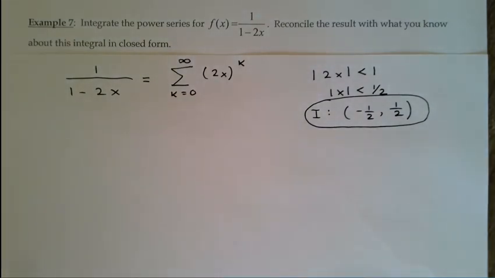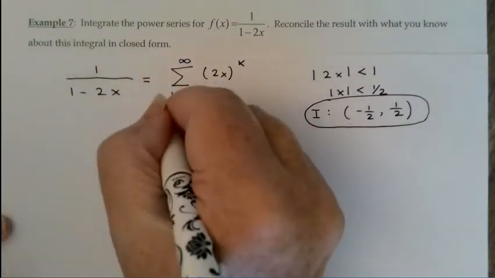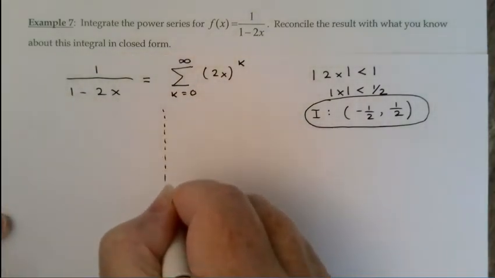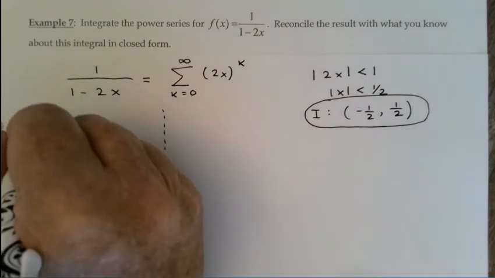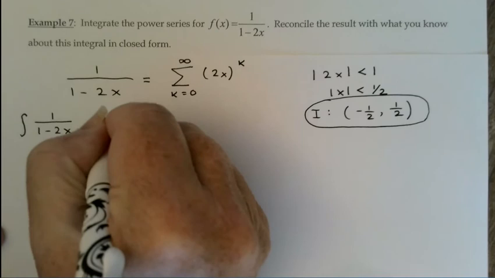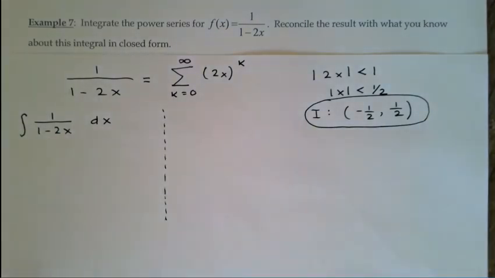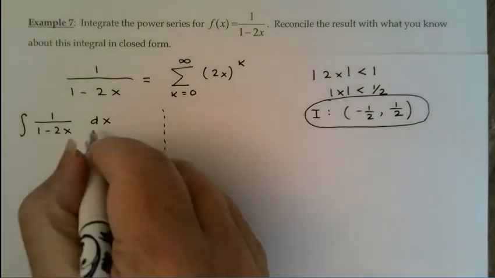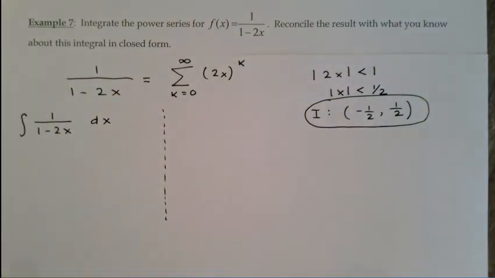All right, we want to integrate this time. So if I integrate both sides, let's start with the integral on the left, and then I'll come back and do the integral on the right. Integrating this, I'd have to make a little bit of a u substitution, right?